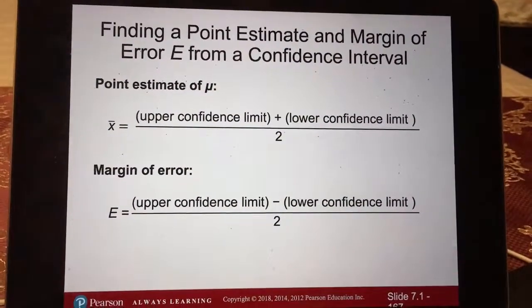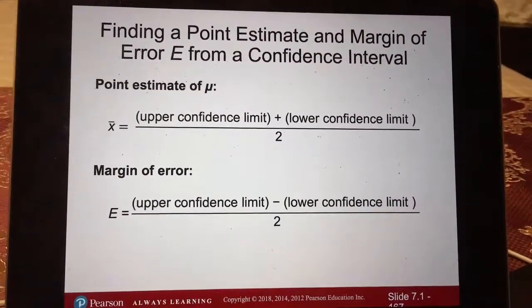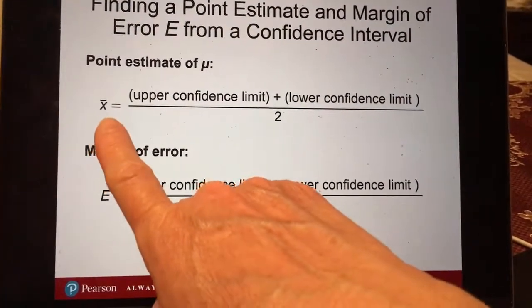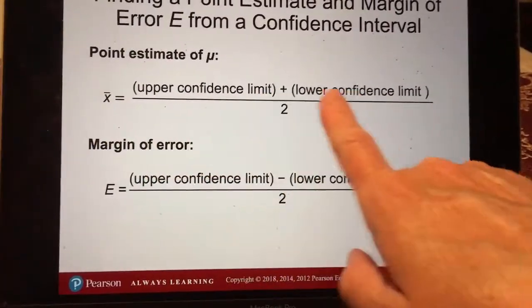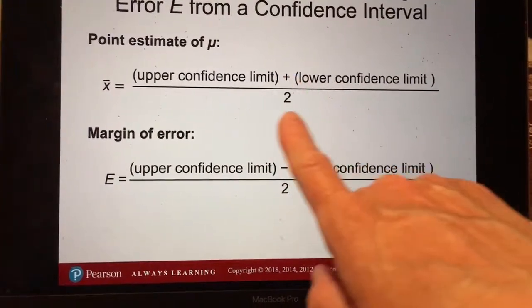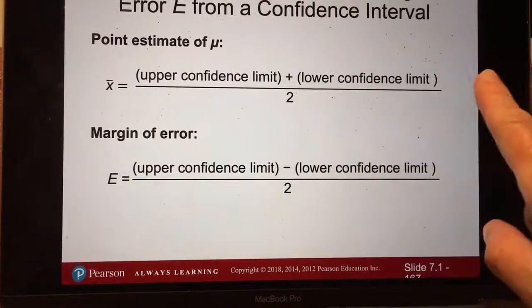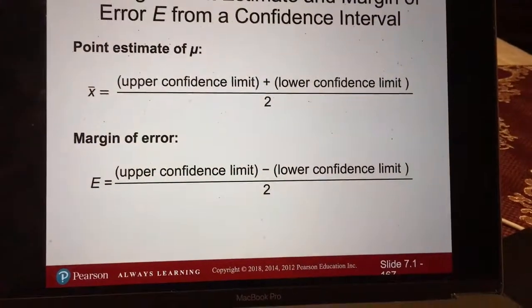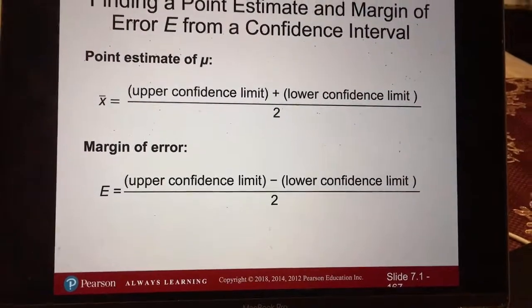And then this is the end part of the section without a standard deviation. We can go back and find the X bar by adding the lower confidence limit and the upper confidence limit together and dividing by 2. That's just the average, the same thing that was on your proportion slide. Nothing new here.